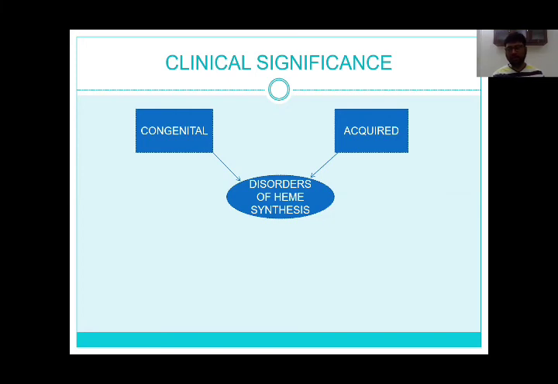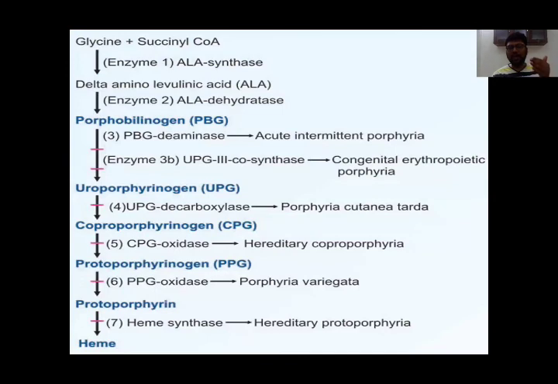But that is not the major problem. There will also be an accumulation of intermediates like uroporphyrinogen, protoporphyrinogen, coproporphyrinogen, all those porphyrins. Such accumulation of intermediates or porphyrins leads to a condition called porphyria. There are many different types of porphyria depending on the level at which the enzyme is defective.